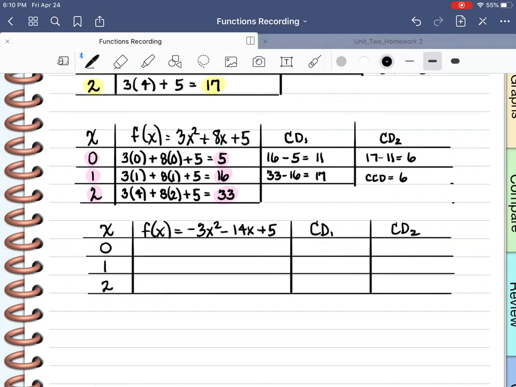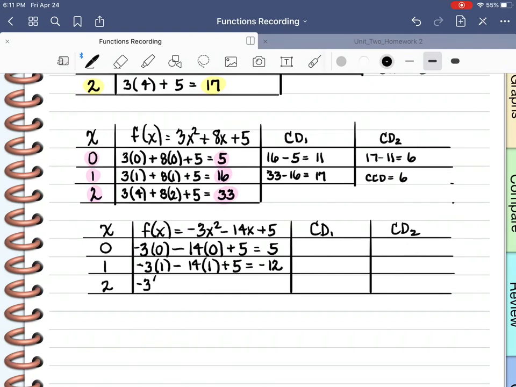Okay, so 0, 1, and 2. Again, I know that y-intercept is not going to change, but let's just go ahead and prove it. Minus 14 times 0 plus 5 is 5. Then negative 3 times 1 squared minus 14 times 1 plus 5. That is going to be a negative 3, a negative 14, plus 5. So I'm thinking a negative 12.